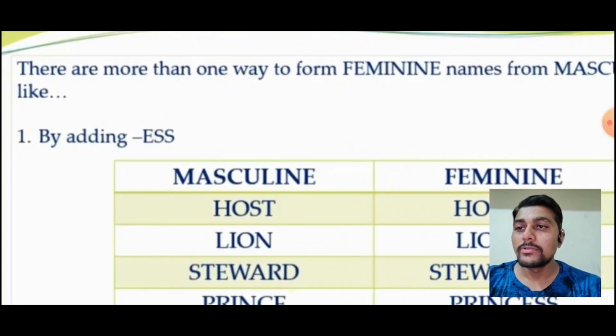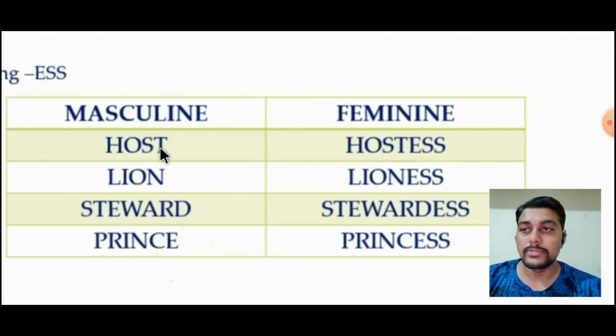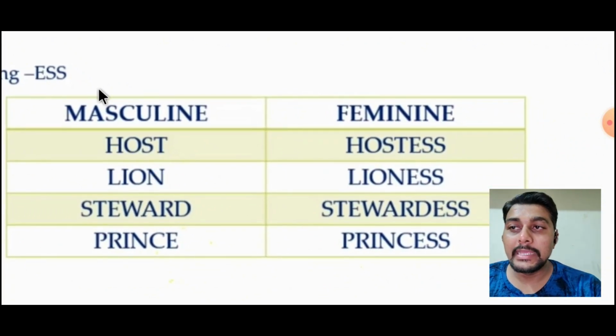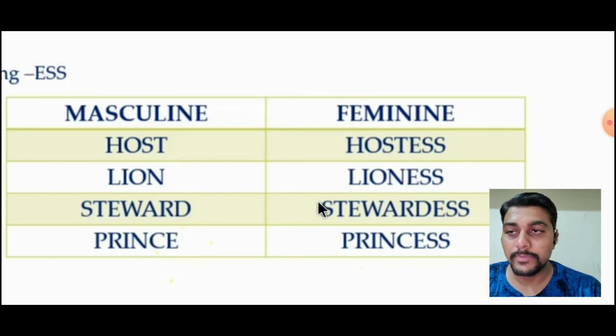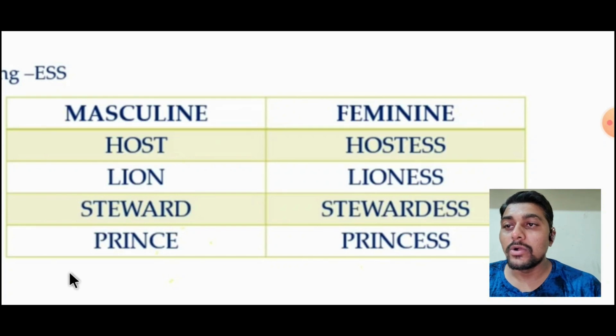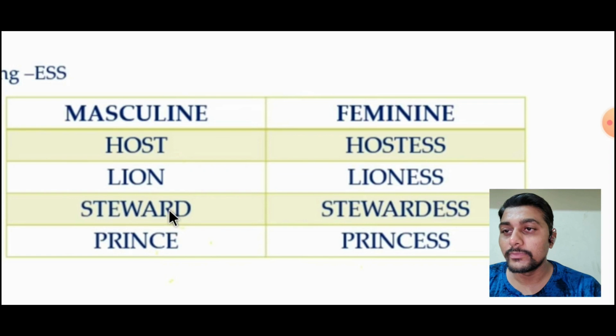So we can see all these words, or nouns, by adding ess. This is the list of masculine nouns, and here the list of the feminine nouns. The first word is host, and the feminine noun is hostess. We have to add ess at the end of the noun.